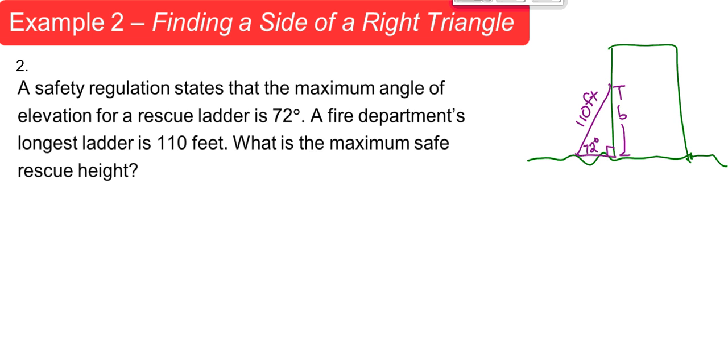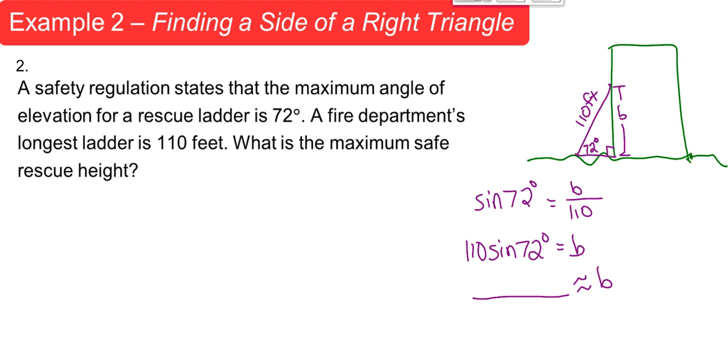So when we set this up, we get that the sine of 72 degrees is B over 110. 110 sine 72 is B, and so B is approximately 104.6 feet. And we do want to label answers as we go. And sometimes we want to be able to communicate our mathematics.